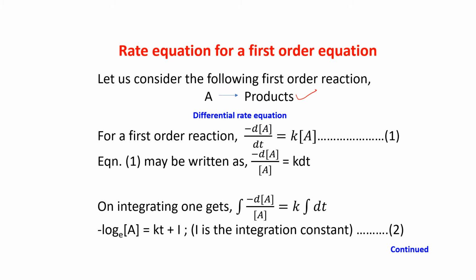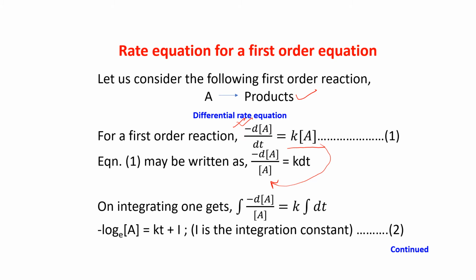For a first order reaction, minus dA by dt, this is the rate of a reaction, is equal to K into the concentration of A. That we have already seen. Now equation 1 may also be written as minus dA by A is equal to K dt.